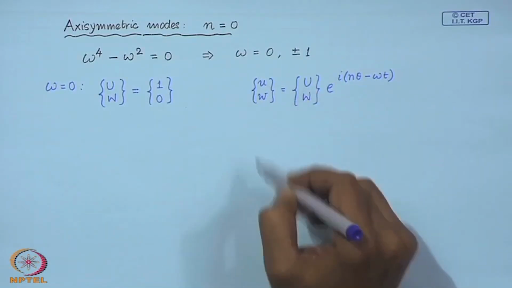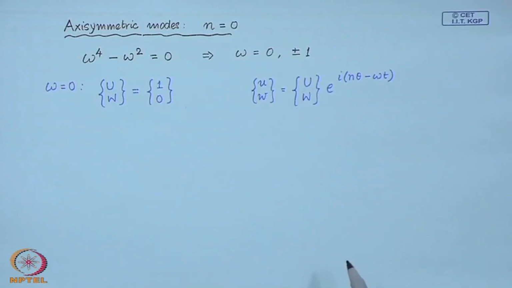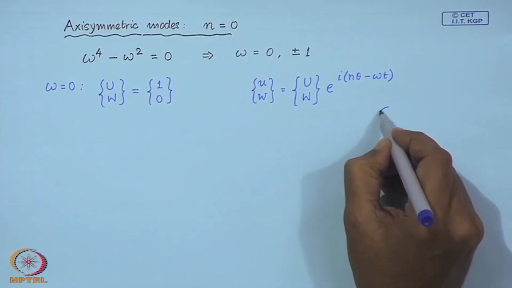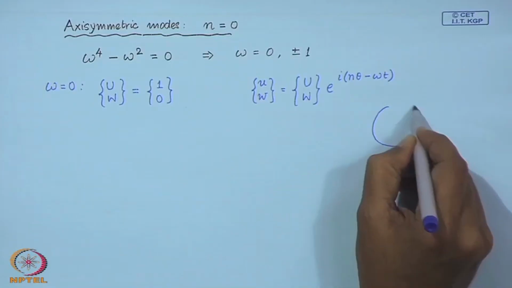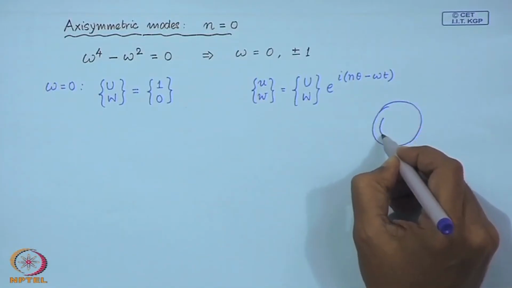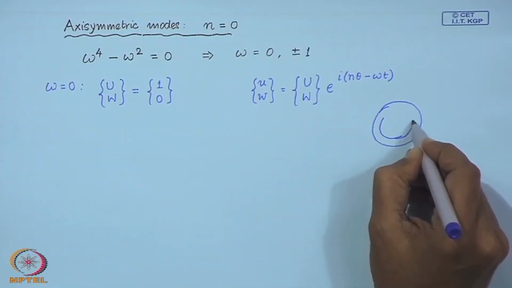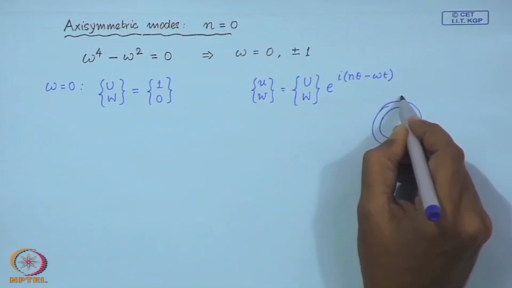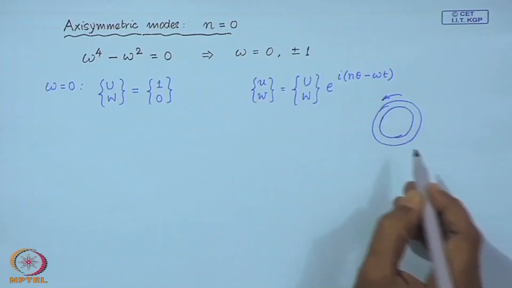So, which means there is a motion along the circumferential direction of the ring with 0 frequency.